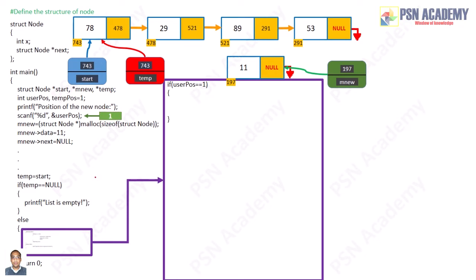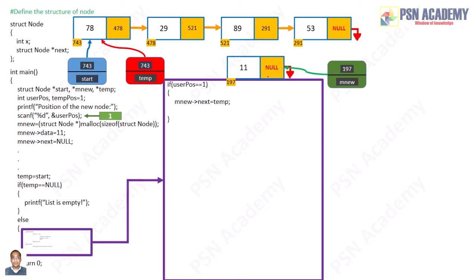So we write mnew next equal to temp. So temp is at 743 and user pos is 1. So the mnew next, that is this one, is loaded with 743, right?